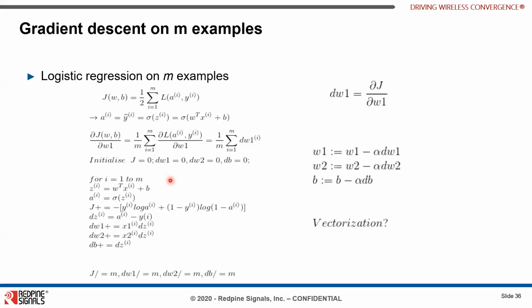So here I have shown for every sample how you need to iterate with the help of a for loop. But the explicit use of this for loop should be avoided. And how do you avoid it? Python has some inbuilt libraries.